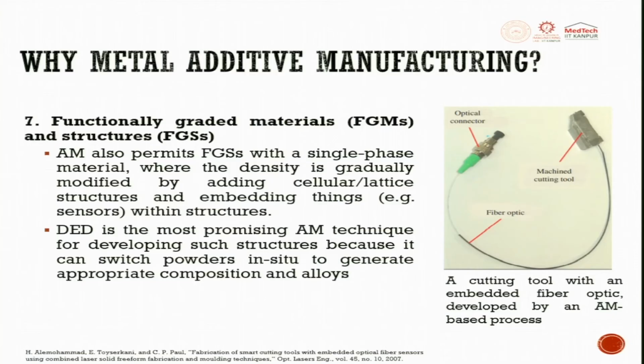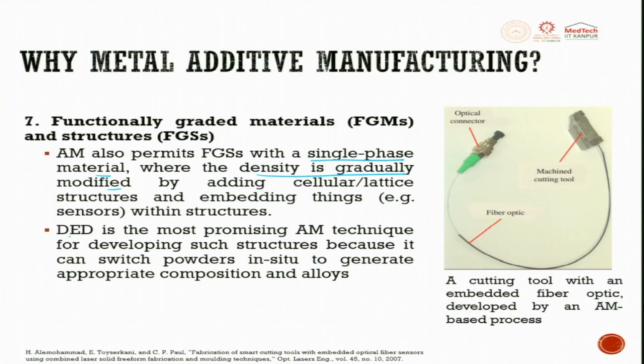So you can see here an optical connector. You have fiber optics, and this gets integrated into a machined cutting tool. So here you have a single phase material where the density is gradually modified.